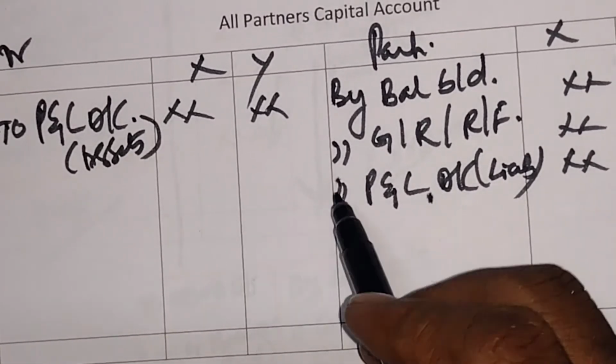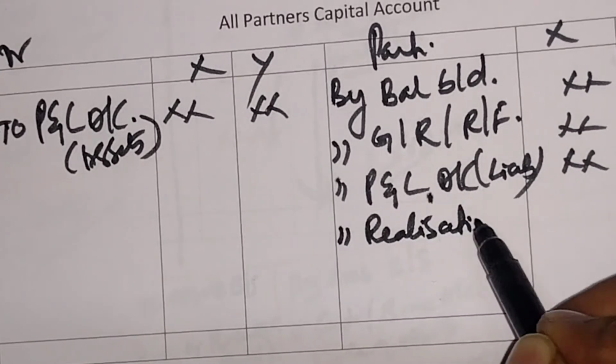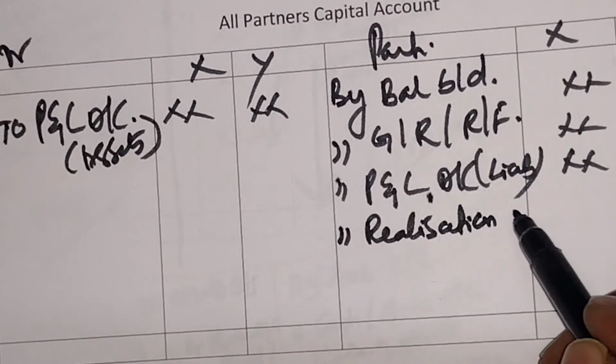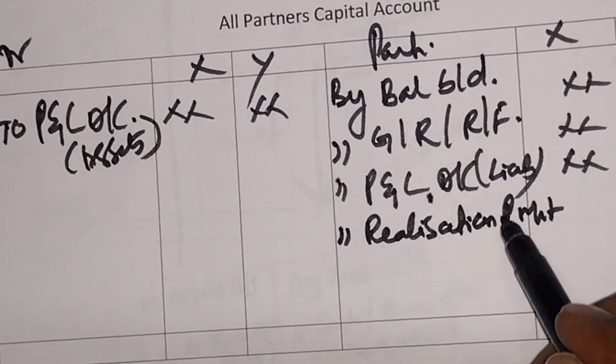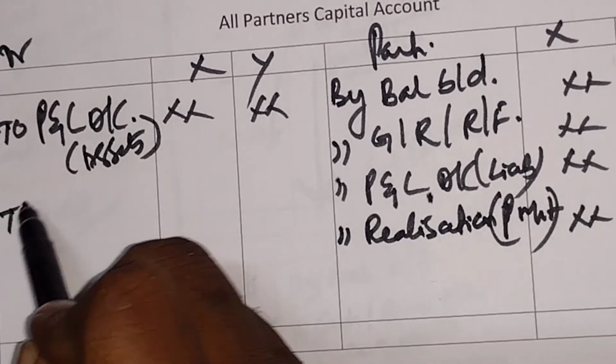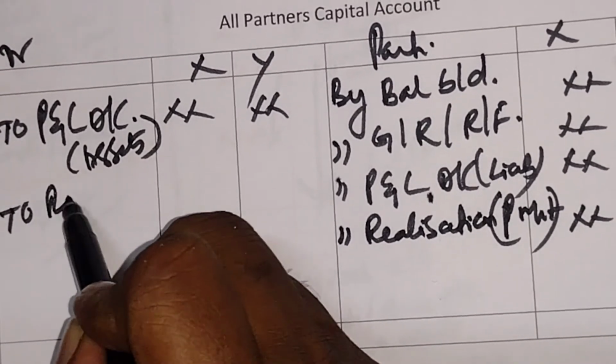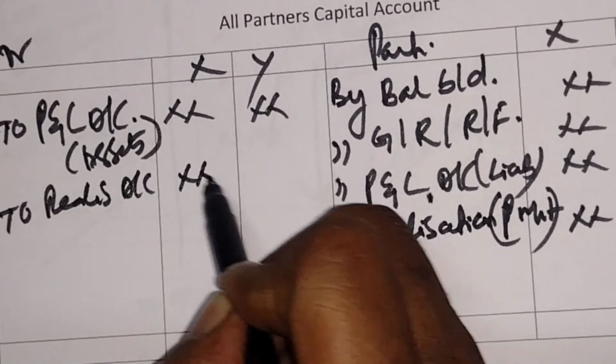Now, apart from that, one more entry we will record here. It is the realization account profit. In case of profit, that will appear in the credit side. In case it is loss, that will be recorded in the debit side to realization account.